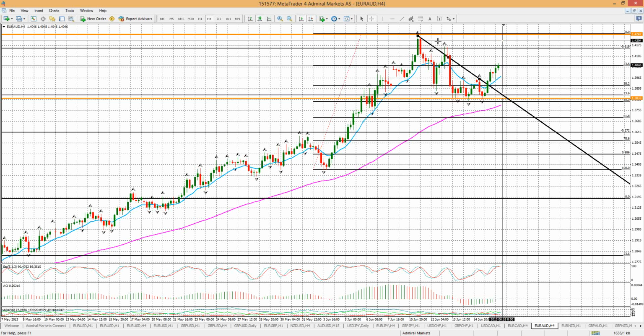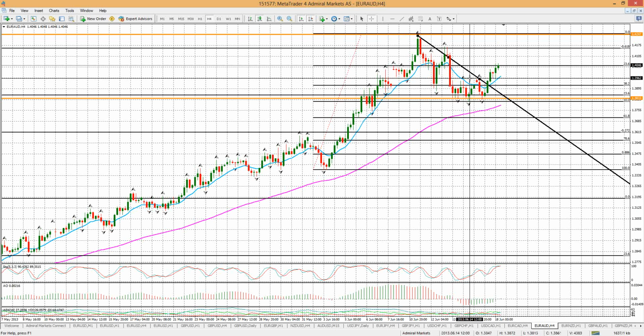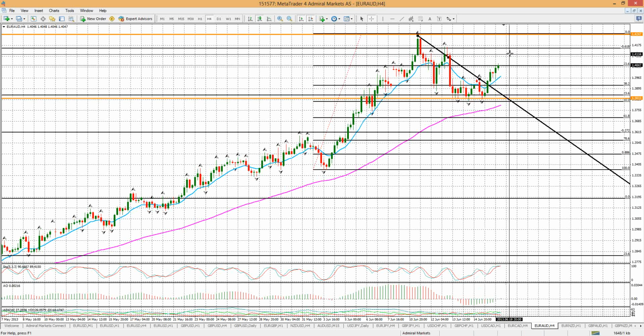So basically double top, if I did my math correctly. No, I didn't. 141.20. Yeah, it's 150 plus 139.70. It's 141.20, sorry. So the target would be somewhere in here.